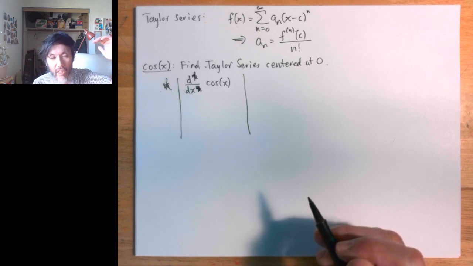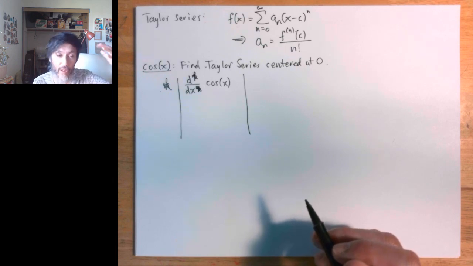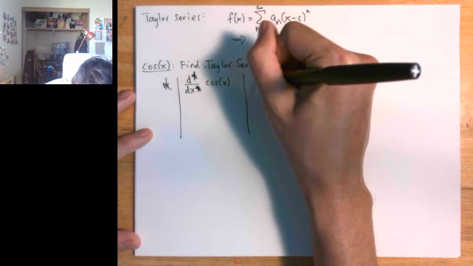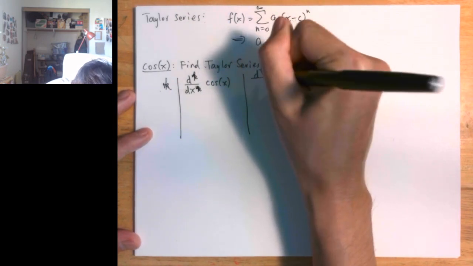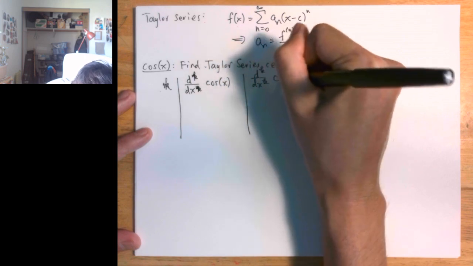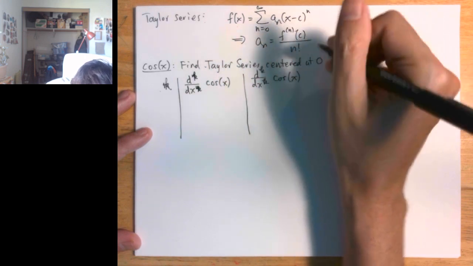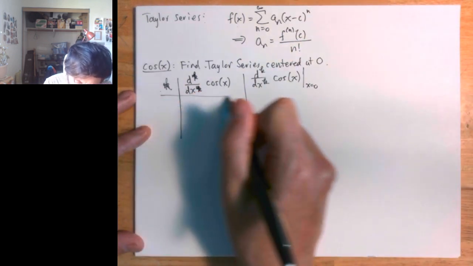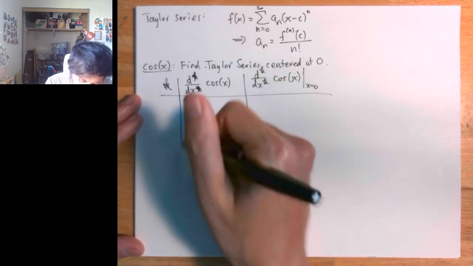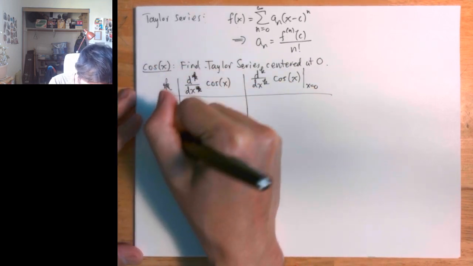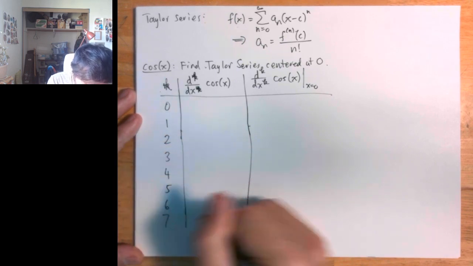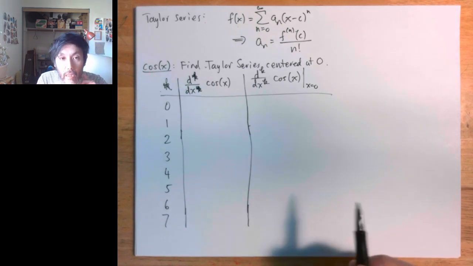So I'm calculating the 0th derivative, the first derivative, k equal to second derivative, k equal to 3 derivative, and then the k equal to n derivative to find the general pattern, right? And then here we'll evaluate this quantity at x equal to 0, okay? So let's build a table of values here. Let's do 0, 1, 2, 3, 4, 5, 6, 7, shall we? I don't know. Maybe this is too much. We'll see.